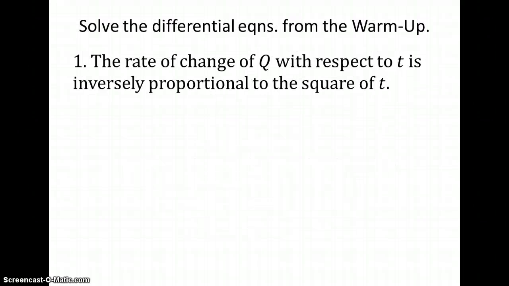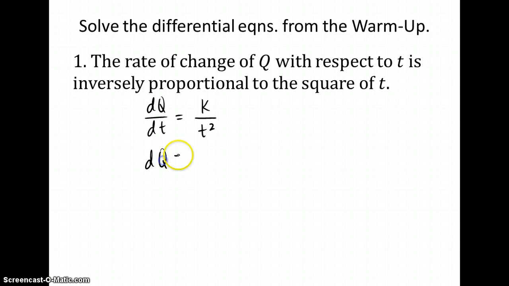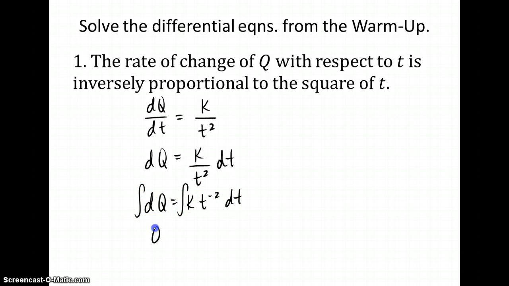So let's solve the warm-up equations. dq over dt inversely proportional to the square of t. Separating the variables, and now we'll integrate both sides of the equation.